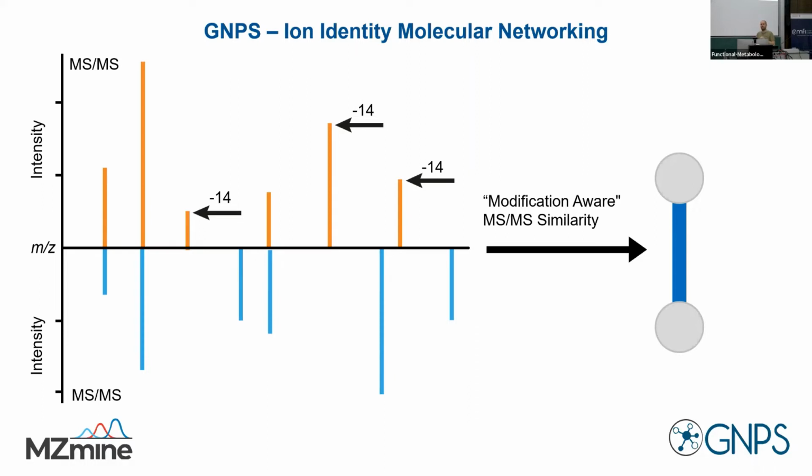Once a subnetwork reaches a certain size, it will also cut off. That is to avoid a hairball effect. If you do not have filtering and have a very low threshold, then everything will match somehow to everything, and you will just get one hairball of a network that is hard to make sense of.